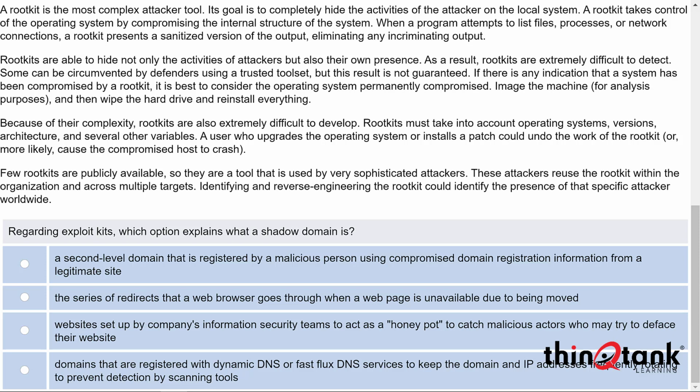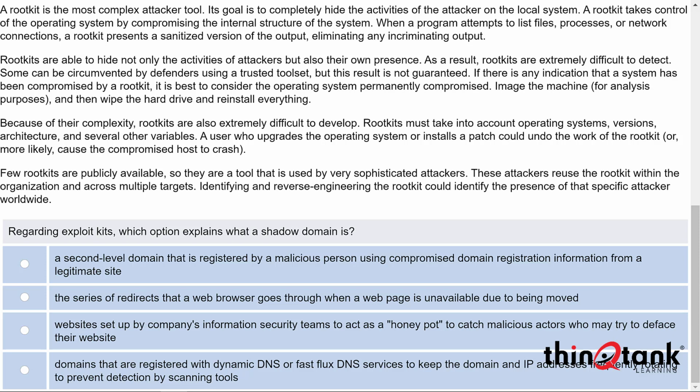Regarding exploit kits, which option explains what a shadow domain is? Is it a second level domain that is registered by a malicious person using compromised domain registration information from a legitimate site? Well, in the context of an exploit, that actually could be very true. I described shadow domains for a less nefarious purpose, right?